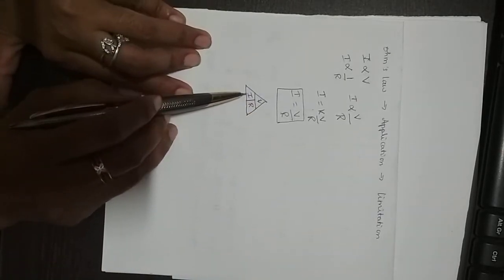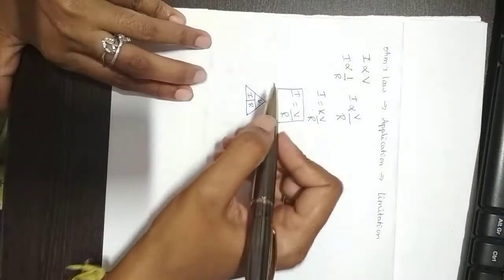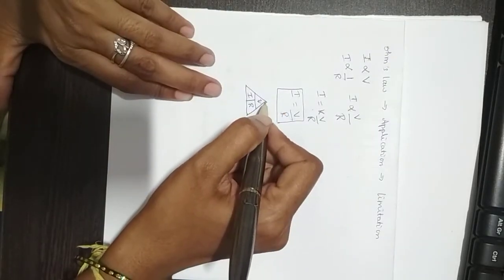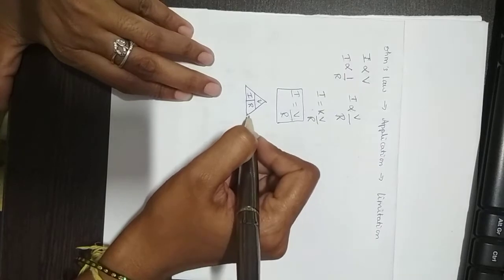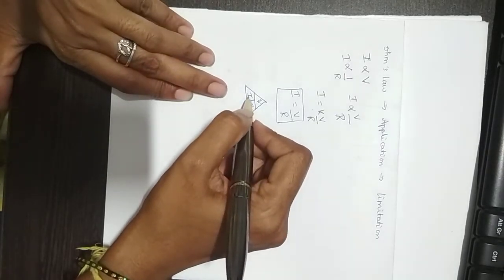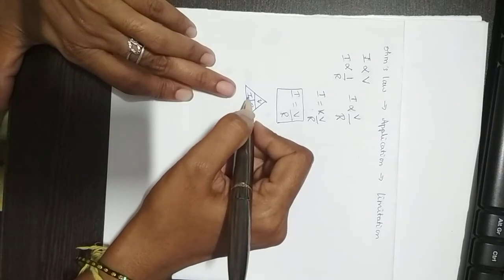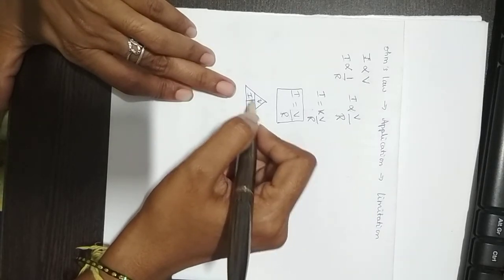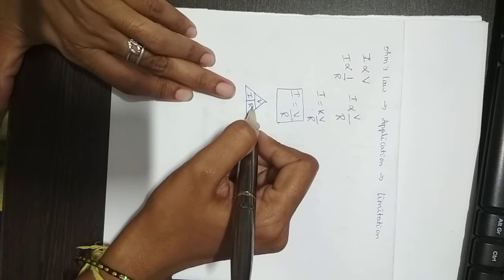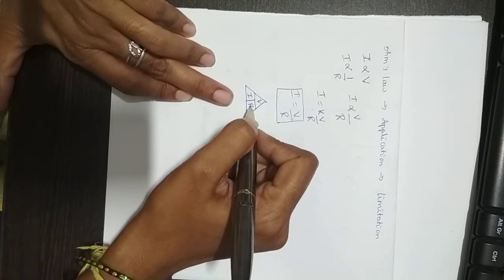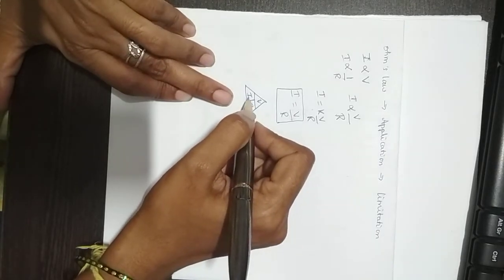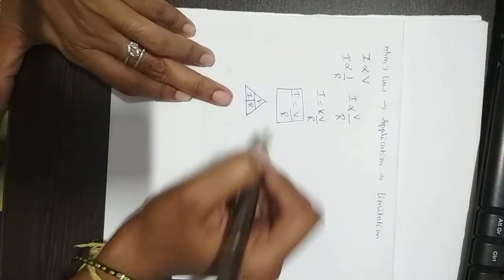Always this triangle is very important in case of DC circuit and the AC circuit. So when I and R are given, to find out the V, or V and R are given, to find the I, or V and I are given, to find the R. So this is the triangle rule.